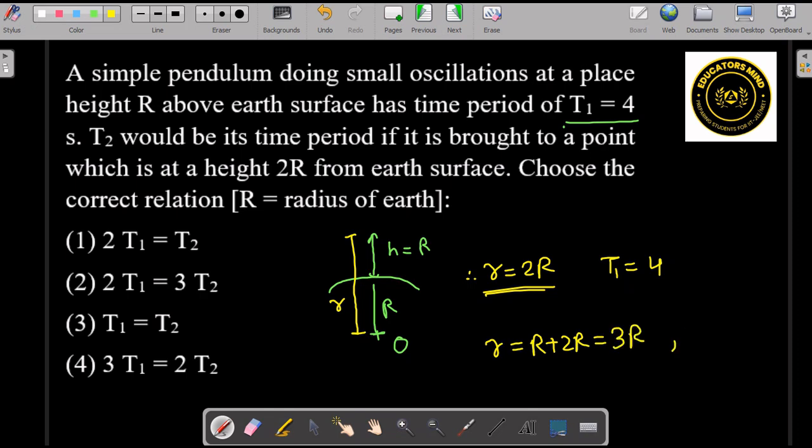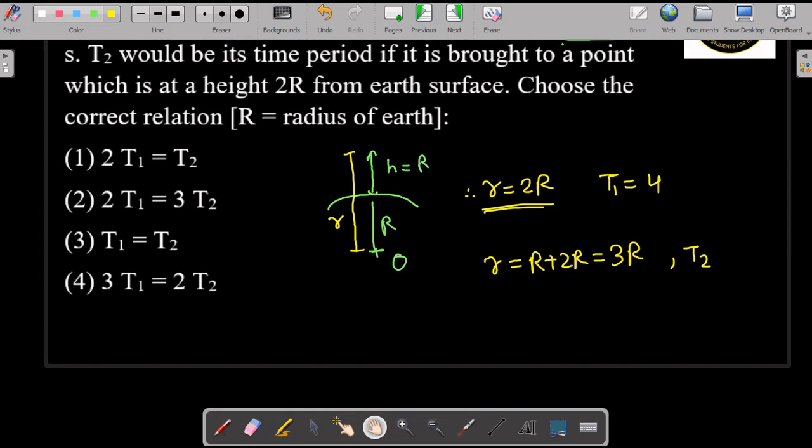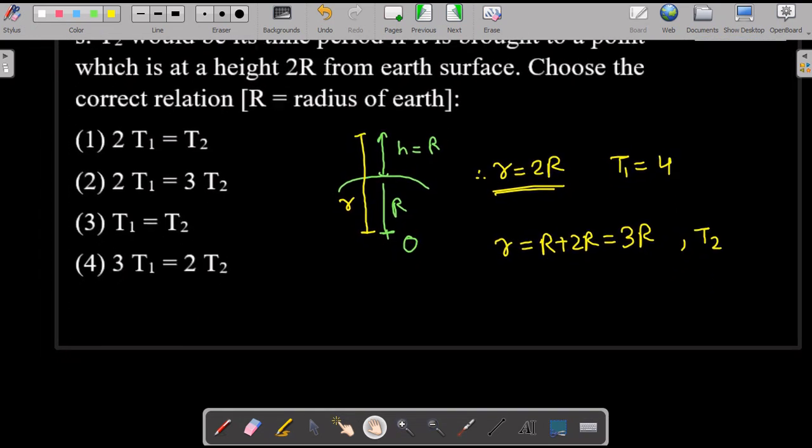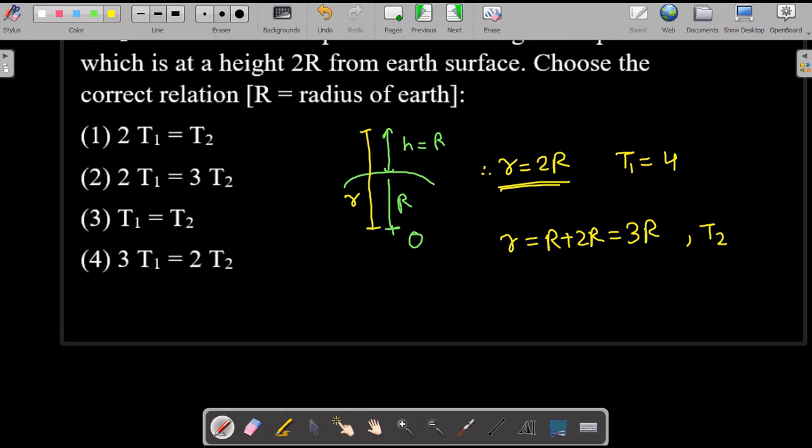At that place the time period is given as T2. Values they have not given. So the T2 and T1 relationship we have to calculate. You don't have to calculate exact values, just the relationship between T1 and T2.